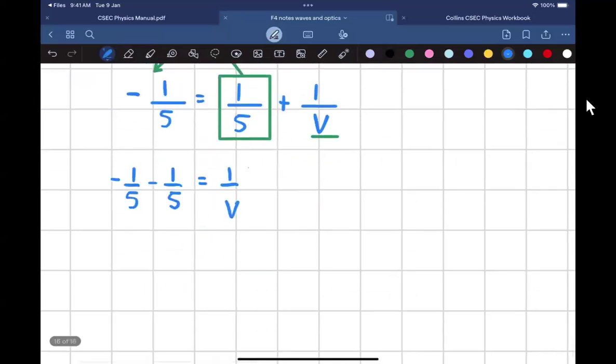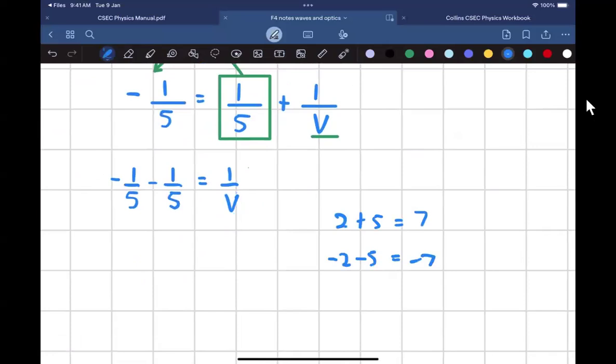Now, what is minus 1 over 5 minus 1 over 5? Let me show you a trick. Justin, what is 2 plus 5? 7. What is minus 2 minus 5? Minus 7.